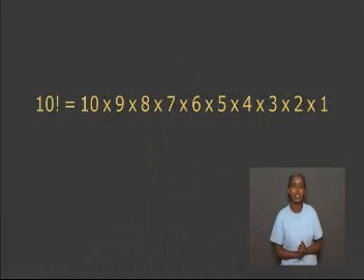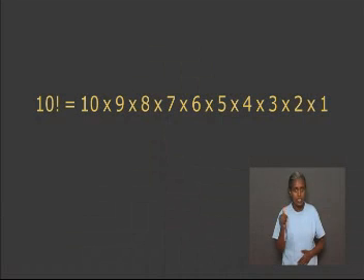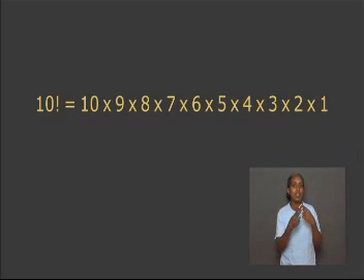It is the product of all positive integers less than or equal to n. For example, the factorial of 10 is 10 times 9 times 8 times 7 times 6 times 5 times 4 times 3 times 2 times 1.